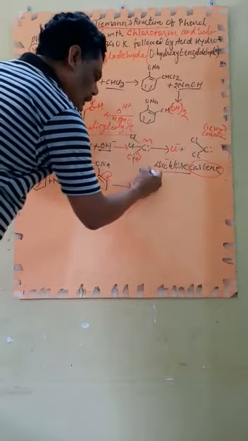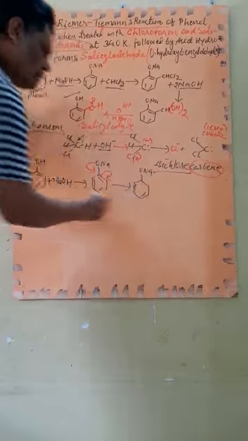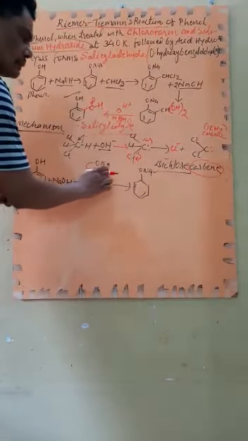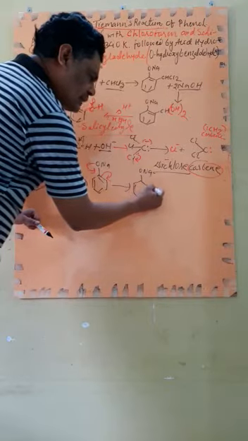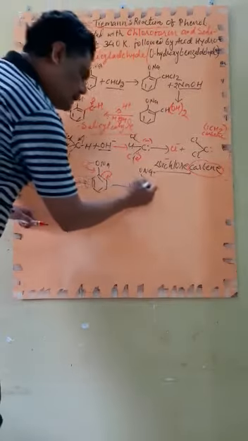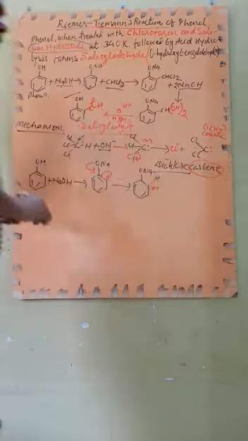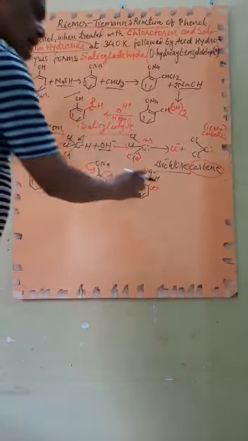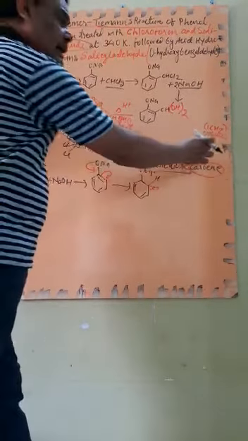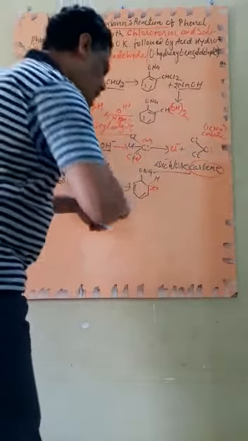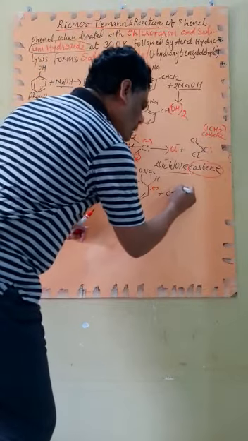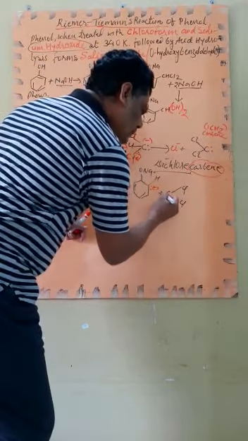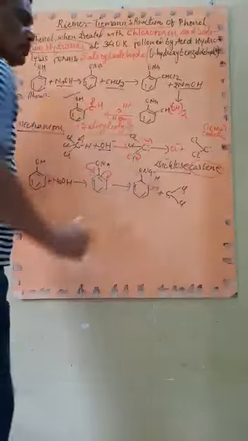This is the previous bond. One pi electron pair is shifted here, therefore there will be electron density with negative charge, and there is a hydrogen. So now there is electron density and the dichlorocarbene is electron deficient. In the next step, the dichlorocarbene will attack on that position.